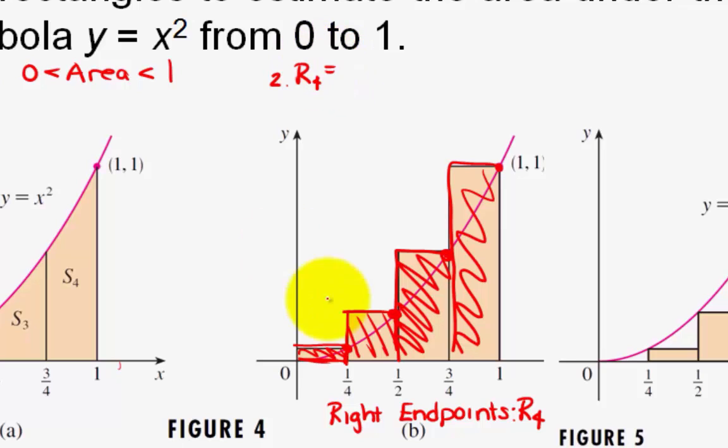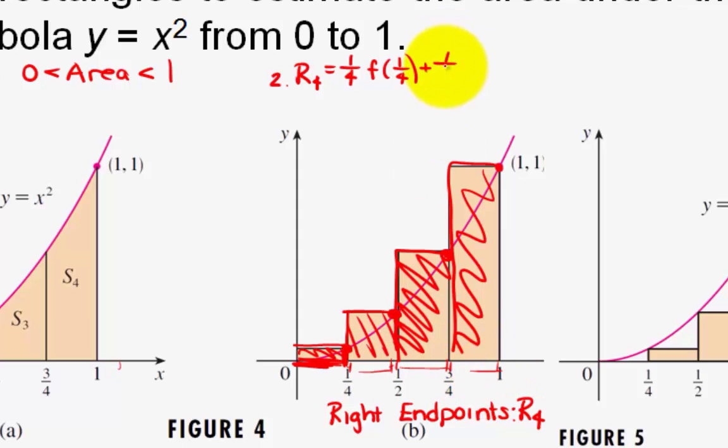Well, the area is just the base times the height. So my first height is the function value at 1/4, right? So the width is 1/4, and the height is the function's value at 1/4. In other words, f of 1/4. All my widths of each rectangle are 1/4, right? So I went 1/4, 1/4, 1/4, 1/4.